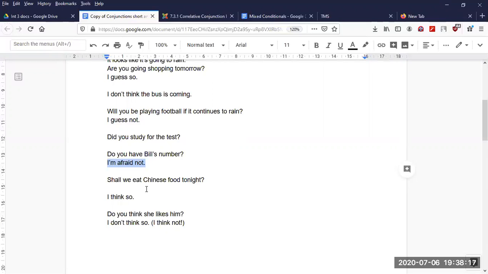I think so. So yes, it's a good idea. Is she Spanish? I think so. Again, we're not really 100%, but we are quite confident.